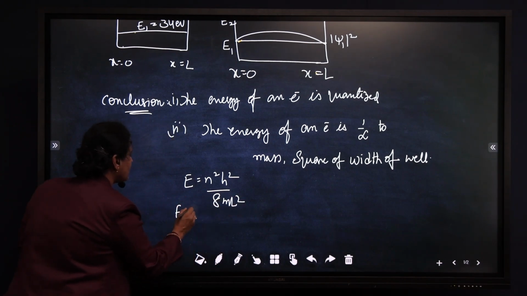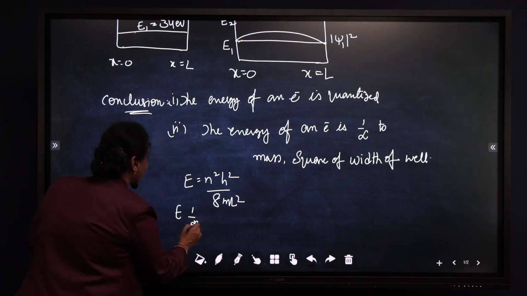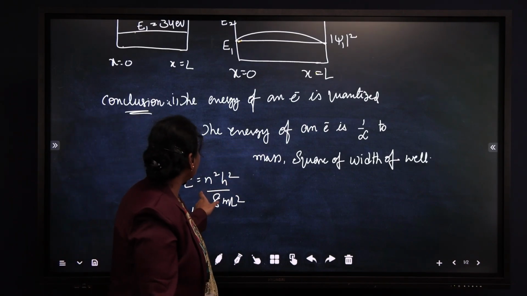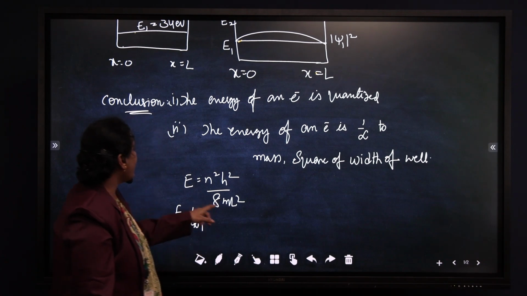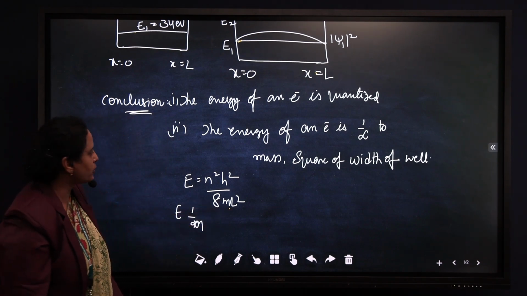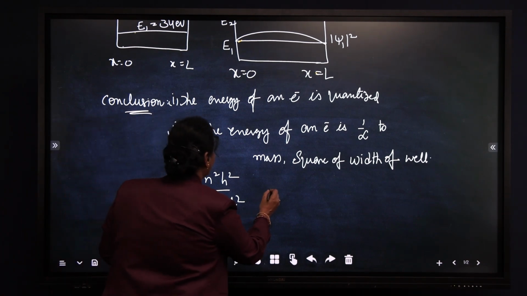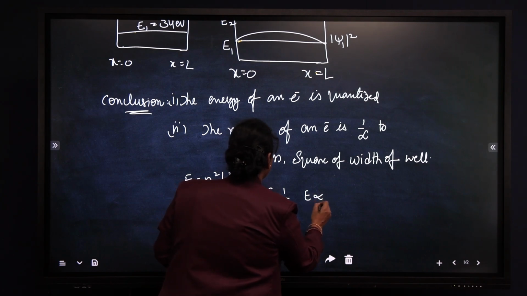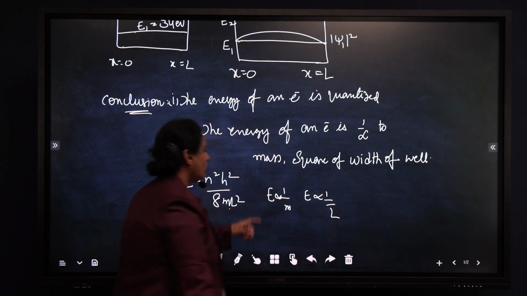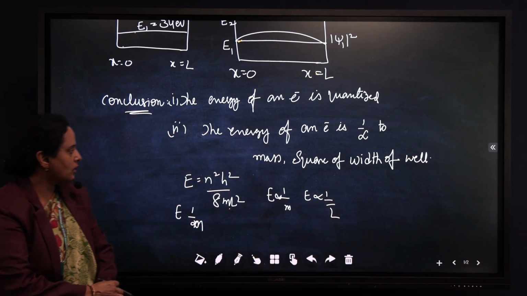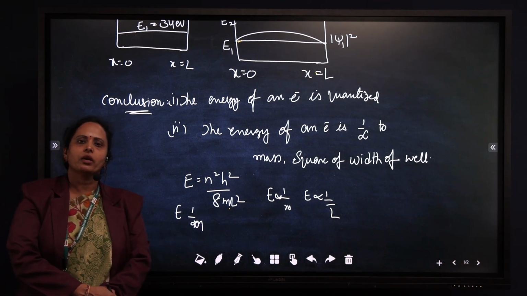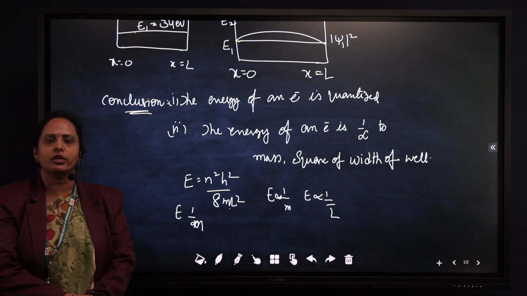This shows that E is inversely proportional to m, that is, the energy of an electron is inversely proportional to m, and it is also inversely proportional to the square of the width of the potential well, L. So in both cases the energy is inversely proportional. These are the conclusions from the Schrodinger's one dimensional potential box.